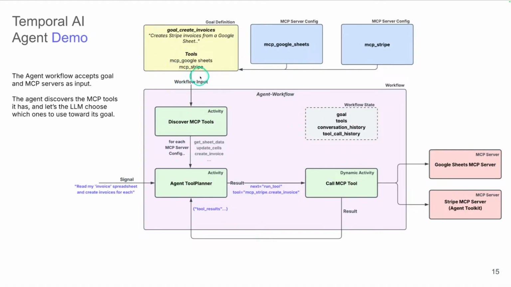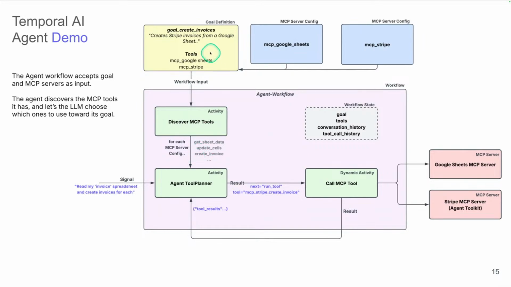In this particular slide, I'm giving it an MCP server config for Google Sheets, and also MCP Stripe, which is Stripe's Agent Toolkit is the official name. It's basically telling the agent workflow, hey, you know how to do things with Google spreadsheets, you know how to do things with Stripe. Can you please discover these tools? What lives under these servers, create invoices, edit spreadsheets, that kind of thing.